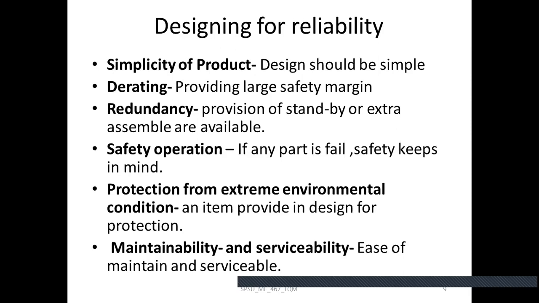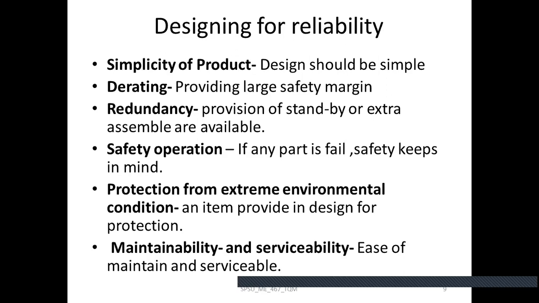Safety operations: if any part fails, safety is kept in mind, and if possible, failure should occur in a non-catastrophic manner with no harm to the operator. For example, a safety valve is provided in the cooker.